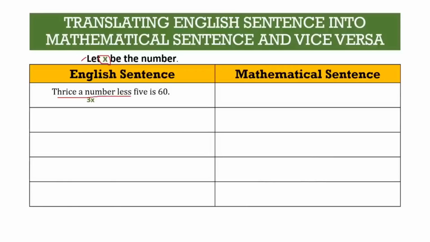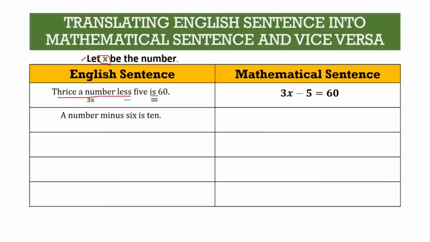So we write that as 3x, and then the term less is related or similar to subtraction. And then 5 is here, and we use the equal sign to represent the word is. So if we are going to write that in a sentence, we will have 3x minus 5 is equal to 60.